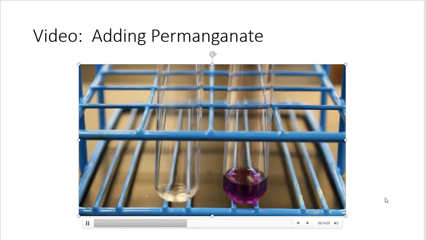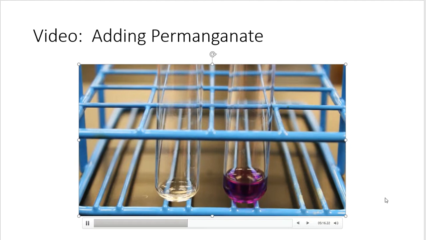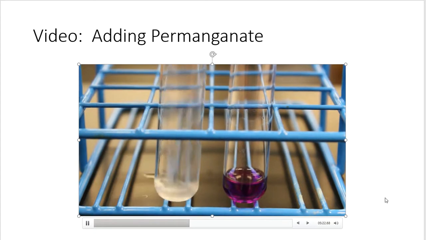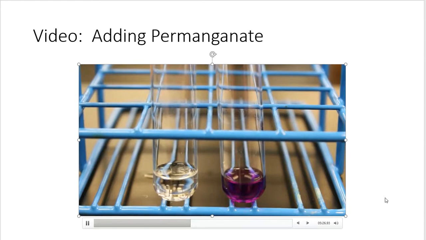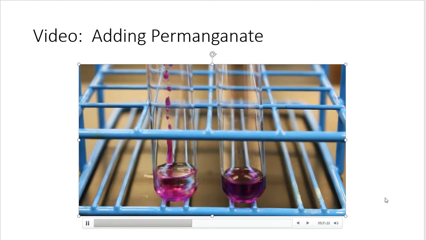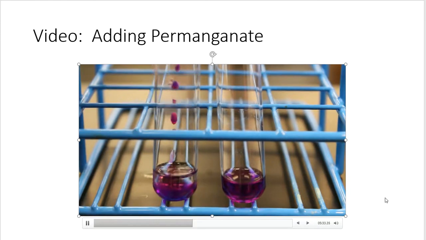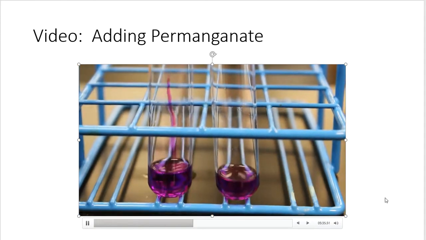Okay, the next one up, toluene. 1 ml of acetone. Two drops of permanganate. What do you see? Is it positive?